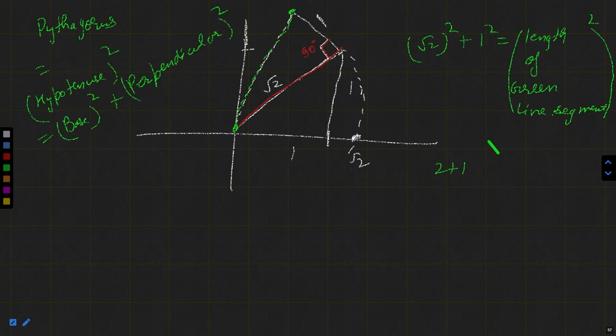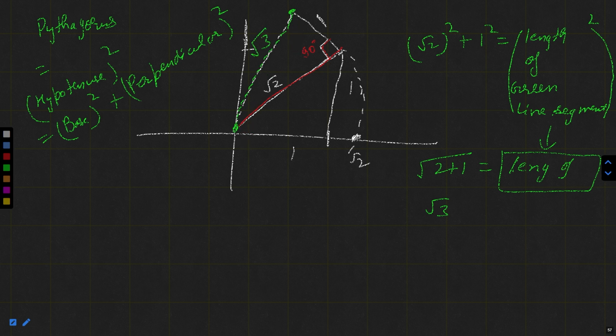So we will get the length of the green segment. The distance will be root 3.